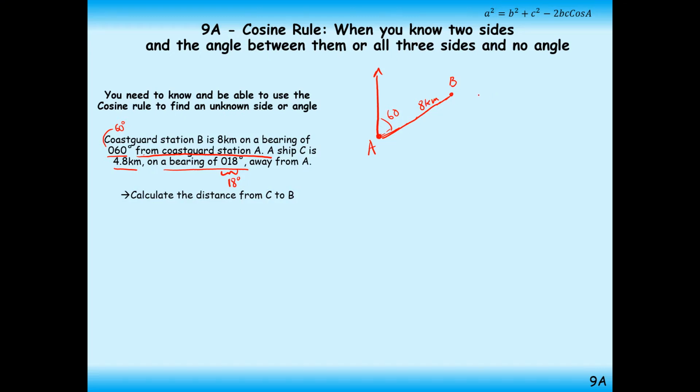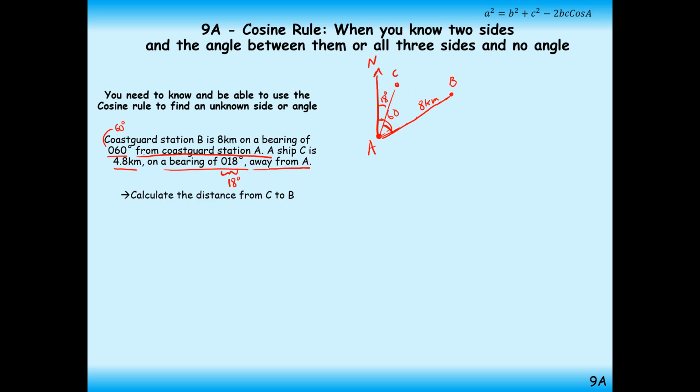The picture looks like so. Then ship C is on a bearing from A. Again, the 18 degrees is measured from the same north line, but this time somewhere up here. So this 18 and 60 tells us that C is somewhere here, and the length is 4.8.